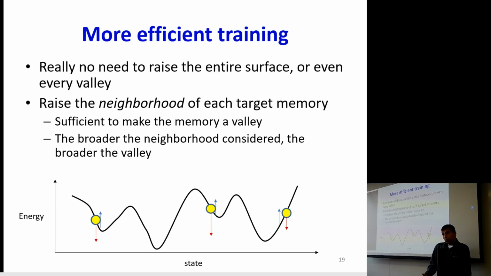Those are states close by the target states where the energy is lower, and you want to raise those. The longer you let it evolve, the broader the valley that you're trying to construct around these target memories is going to be.